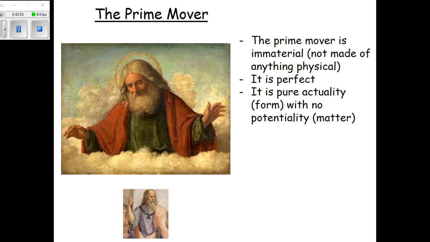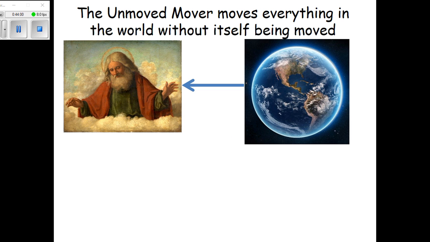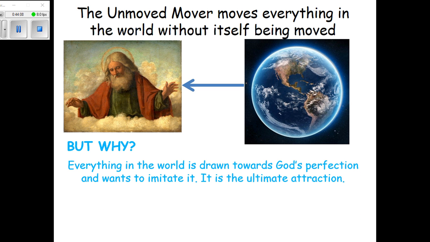God is pure actuality. He's purely what he is in himself and doesn't move. So the unmoved mover moves everything in the world without itself being moved. Everything in the world is drawn towards God's perfection and wants to imitate it. It's the ultimate attraction.